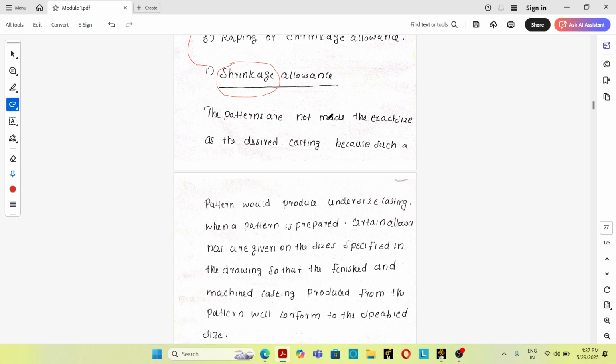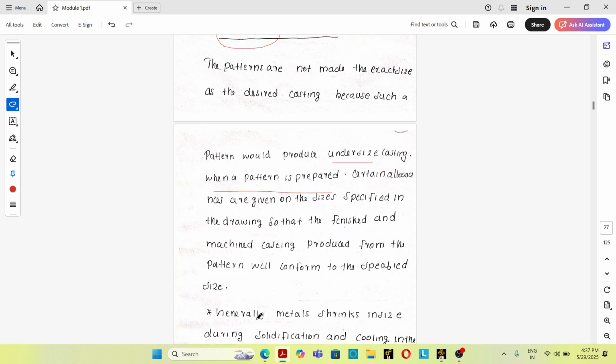See, the patterns are not made the exact size of the desired casting, because such a pattern would produce an undersize casting. When a pattern is prepared, certain allowances are given on the size specified in the drawing so that the finished and machined casting produced from the pattern will conform to the specified size.